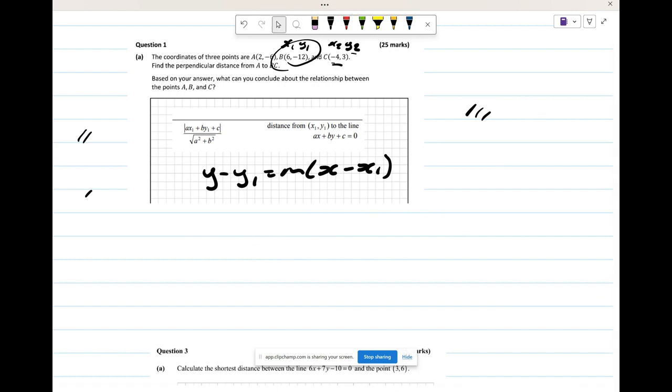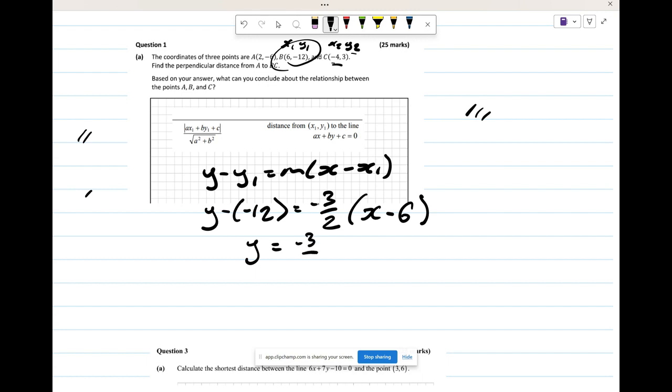So if we set into our formula, y minus 12 equals minus 3 over 2 times x minus 6. So that's going to be y equals minus 3 over 2x. The minus 3 over 2 times minus 6 is going to be plus. So this is going to cancel with that 6, and you're going to be left with 3 there, and 3 times 3 is 9.